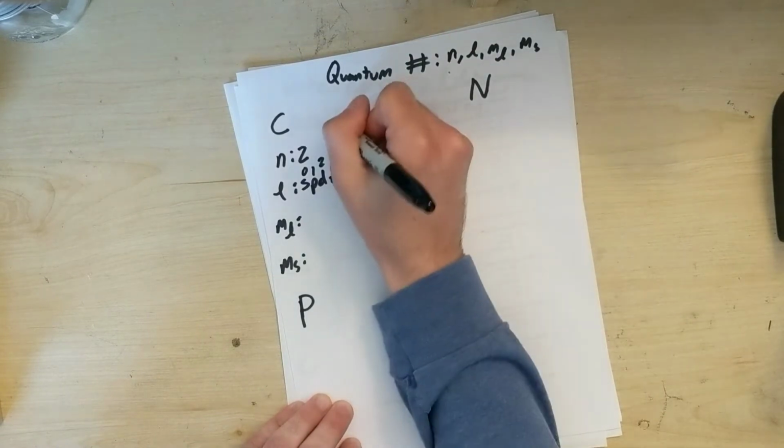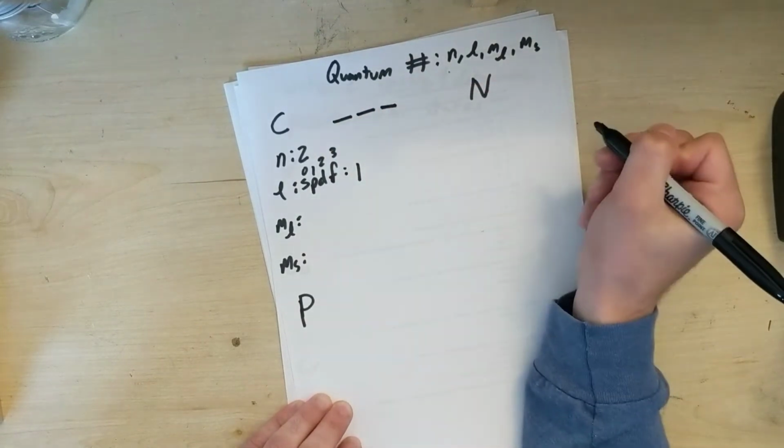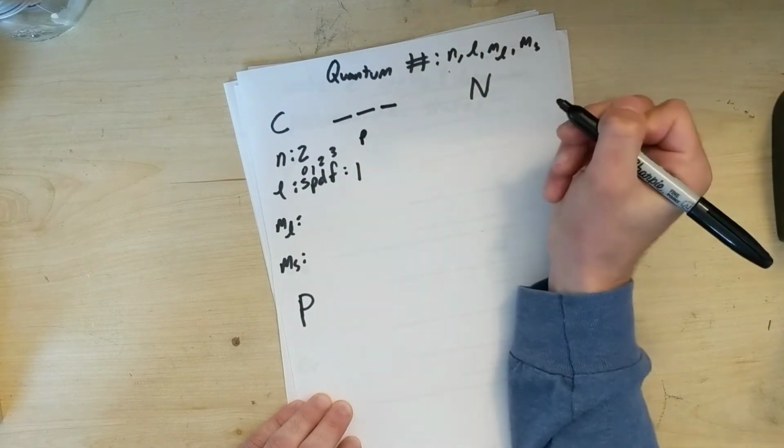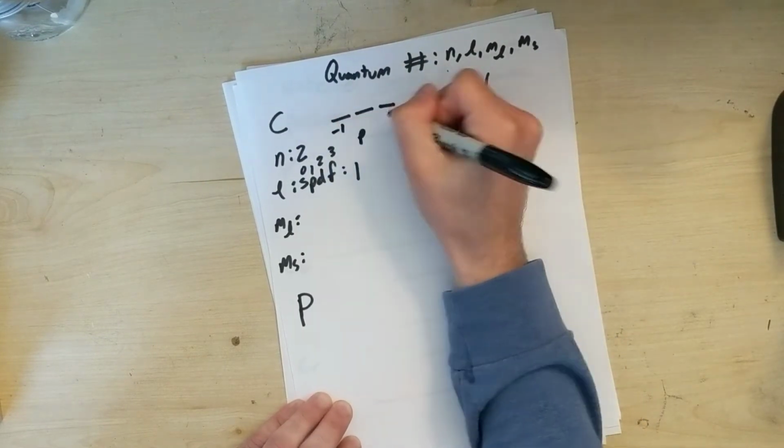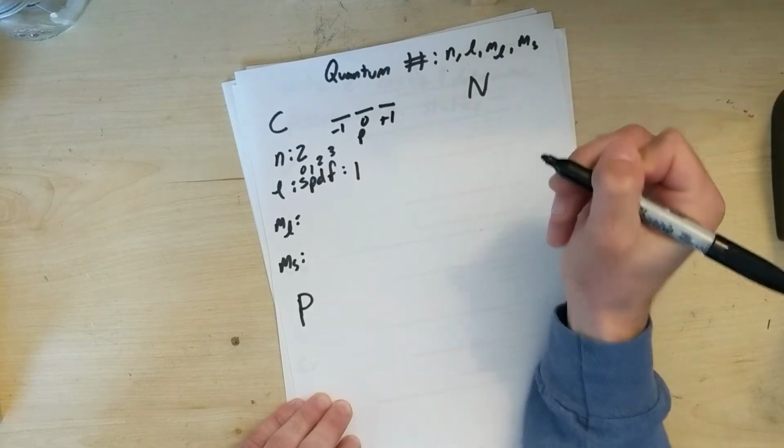So if you're looking at an orbital diagram and we have P, we have an M sub L value of -1, 0, +1.